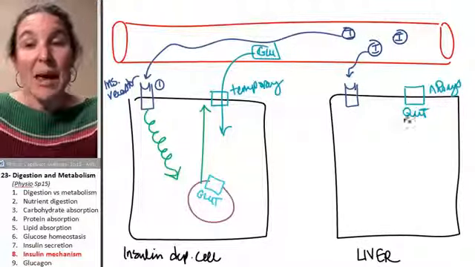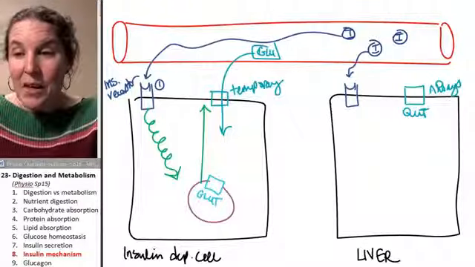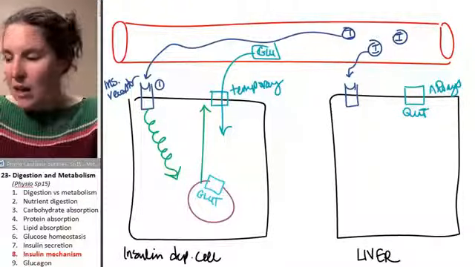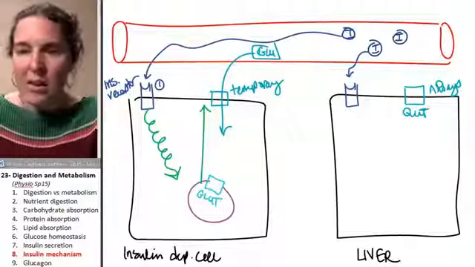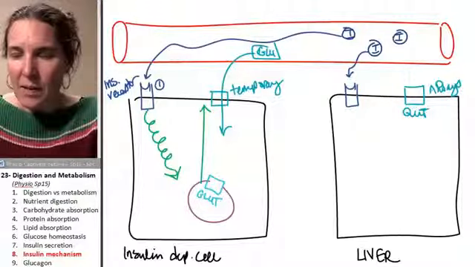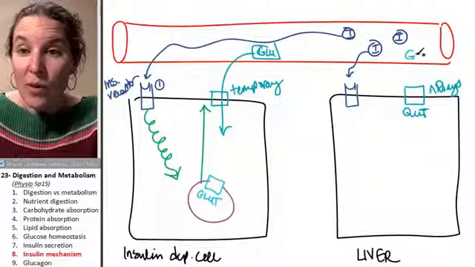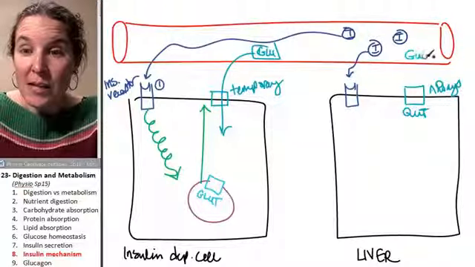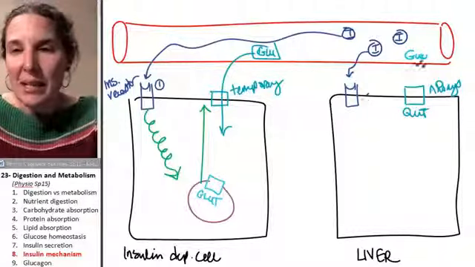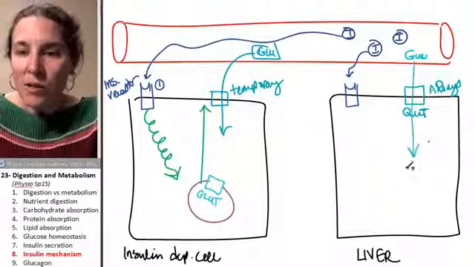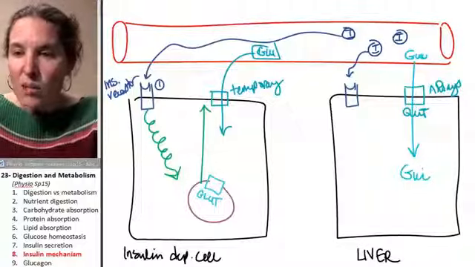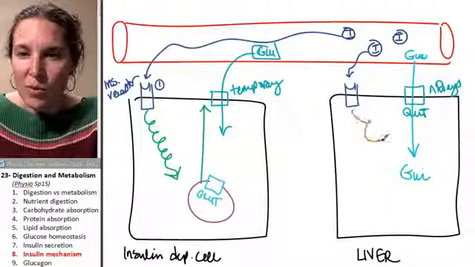Insulin comes in and binds, and it stimulates, I guess we're going to keep this color, we're going to show that glucose is going to come in. Insulin binding allows glucose to be turned into something different.